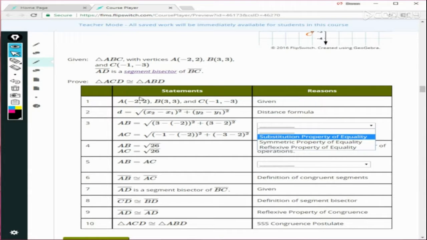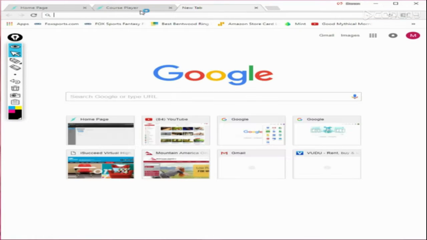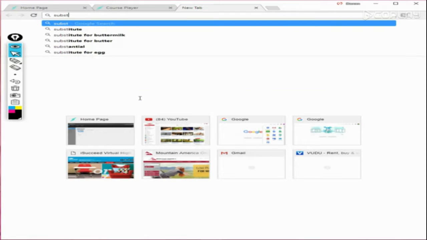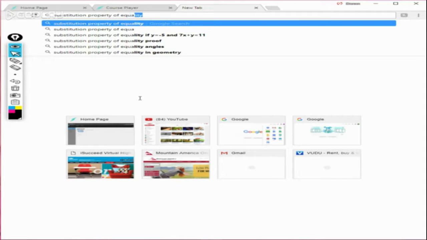Well, say that I didn't remember. So what can I do to help myself out? Well, the first thing you can do is click up on a new tab, type in Google, substitution property of equality.